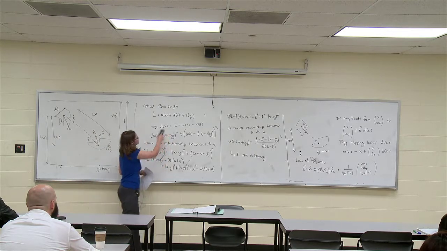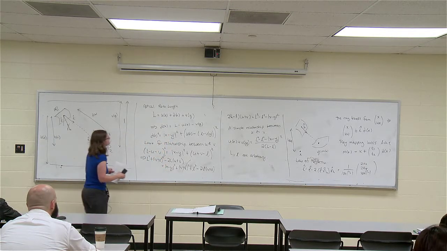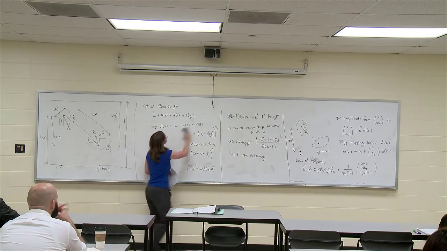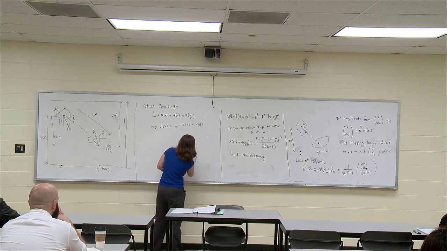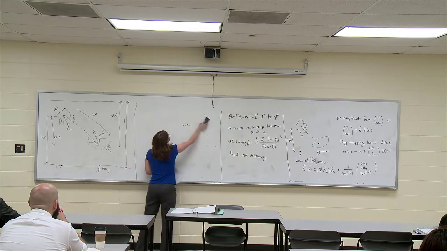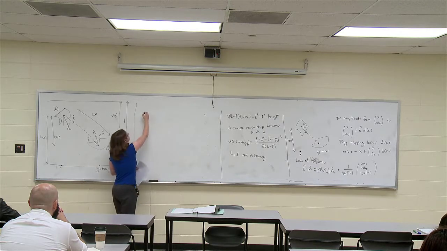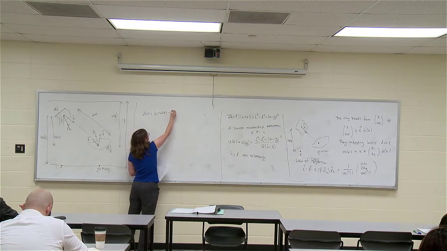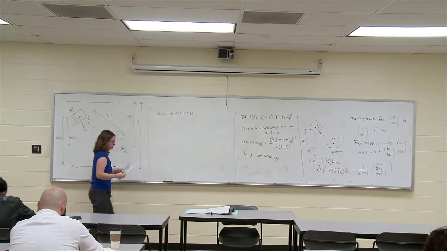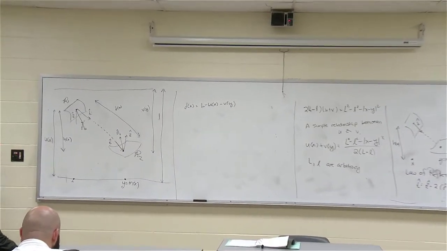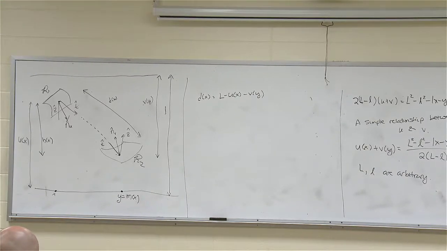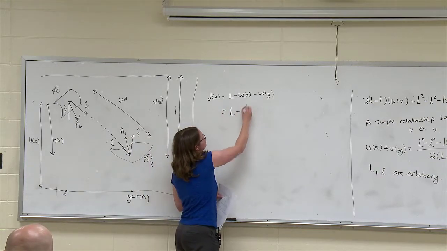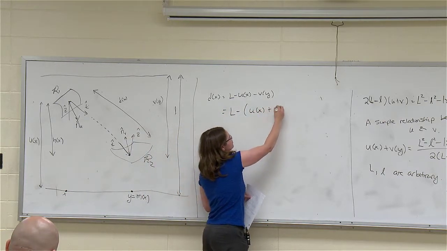Okay, so this is a good starting place, I guess, for d. I'll rewrite it. d of x was L minus u minus phi, or in other words, L minus u plus phi.